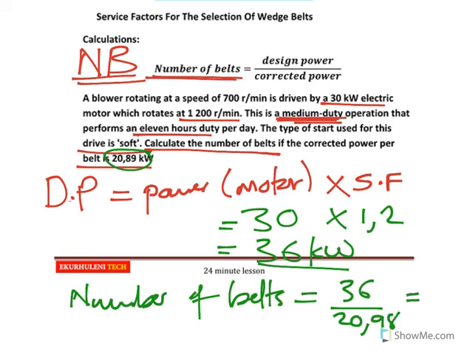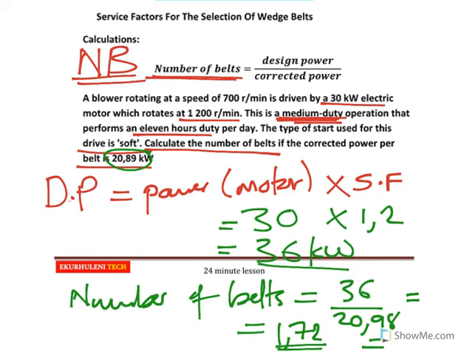The answer you are going to get is 36 divided by 20.98, which is 1.72. This is the number of belts in this case.